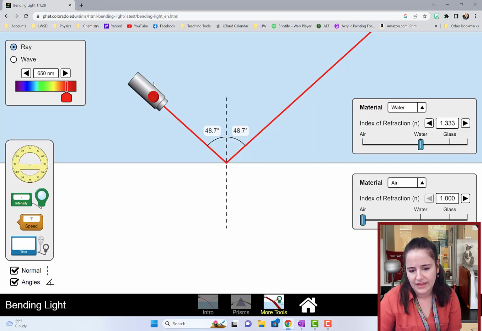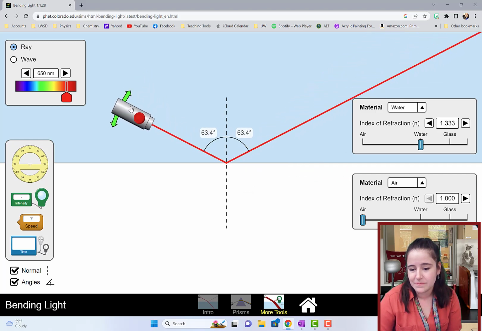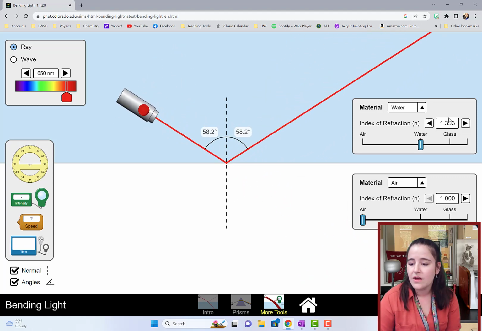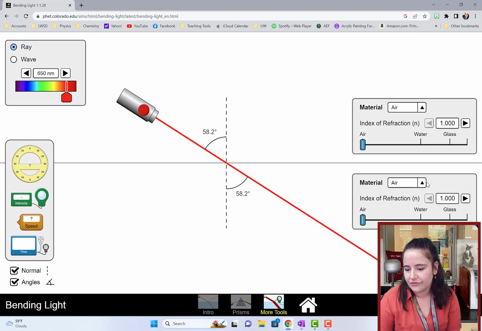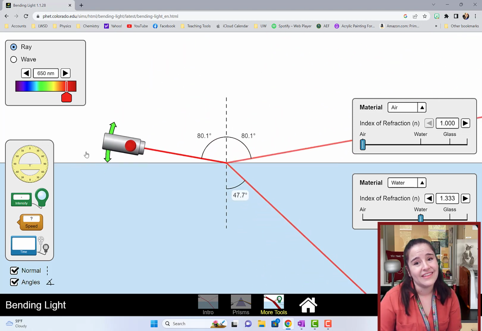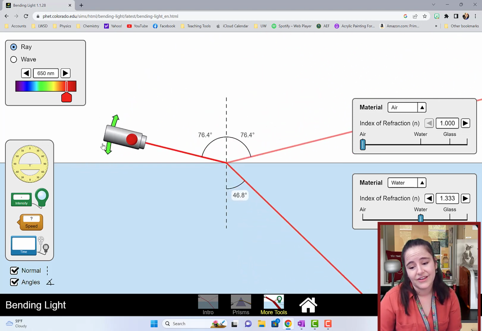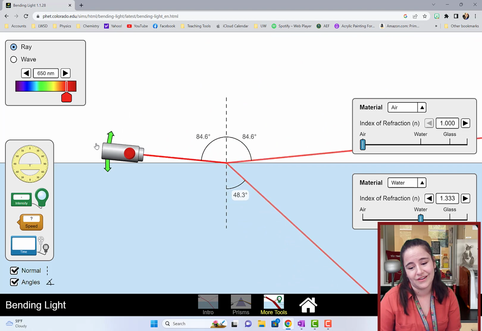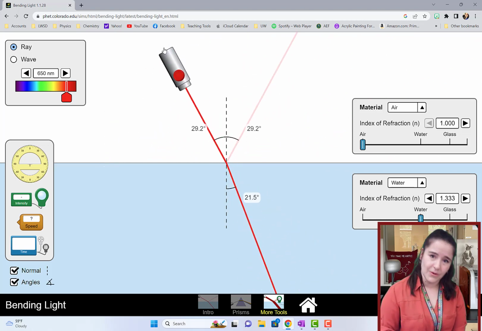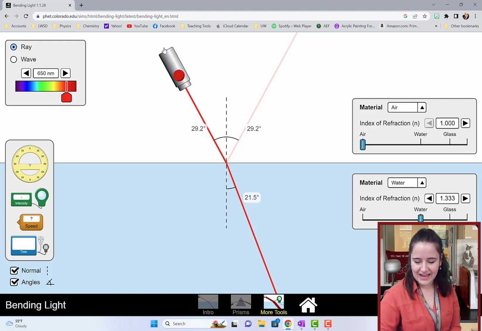Okay, close enough, just a little error there. Beyond that, total internal reflection would occur. It will never happen if you're going from air to water, because that angle will always be less than the angle of incidence. You're never going to get a situation where that refracted angle is 90 degrees. Okay, cool.